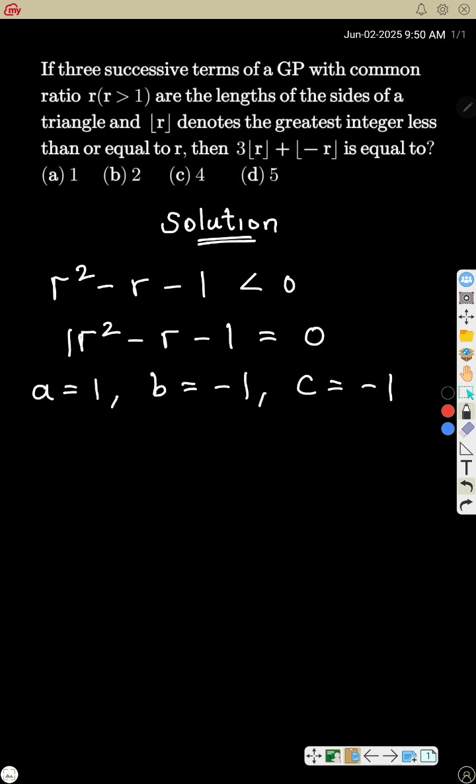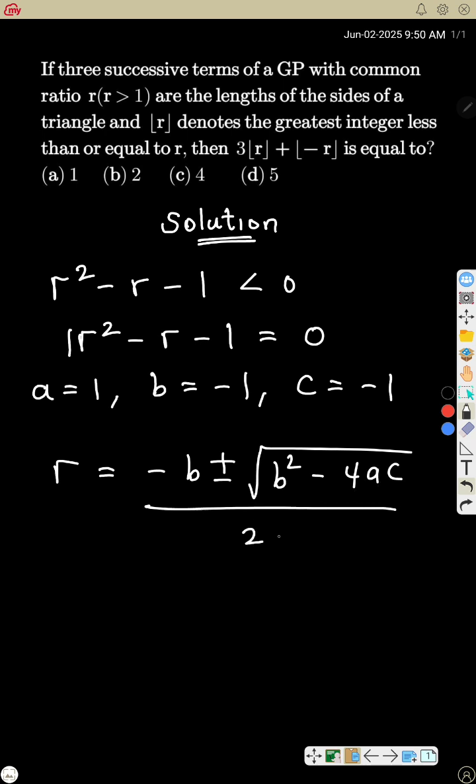So we have the formula R is equal to minus B plus or minus square root of B square minus 4AC, everything over 2A. Now substitute. So we have R is equal to minus, so what is our B? Minus 1.